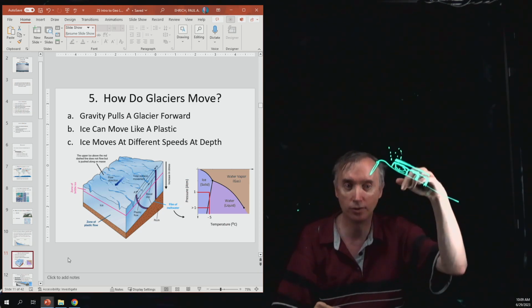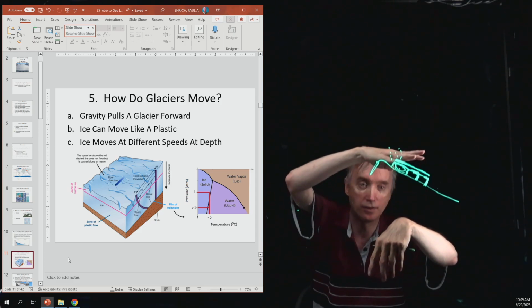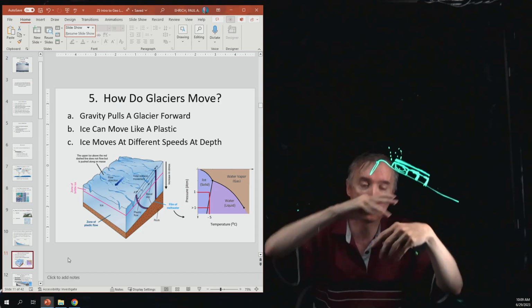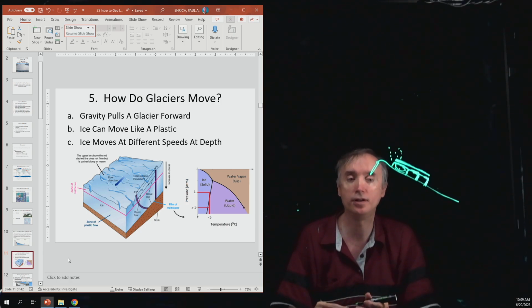The deeper you go inside the glacier, the more ice is on top of you, and the weight of that ice pushing down on you increases the pressure. And then what you should know is that if you increase the pressure on ice, it will start to behave like a plastic. It will start to flow.